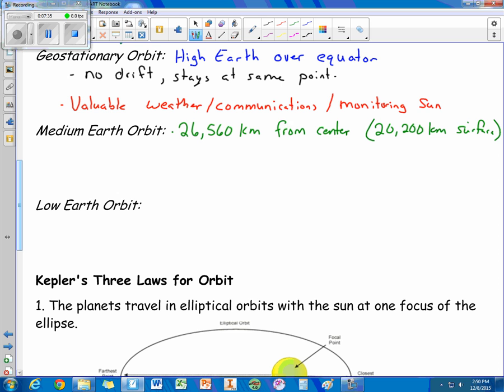These typically have a period of 12 hours. So that means that they'll go across the same position on the Earth twice every day. That makes these really nice for GPS. So all of our GPS satellites are in medium Earth orbit.